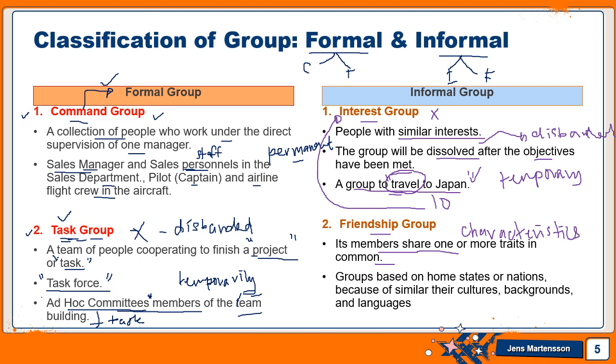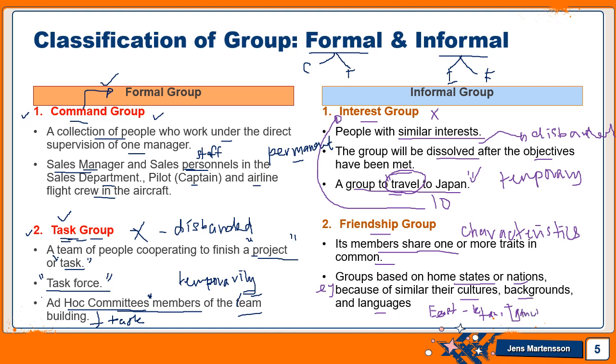Okay, so the example given here is groups based on home states or nations because of similarity in their culture, background and languages. So as you can see, when you go to IPTs, IPTA or IPTS, people who come from the East Coast, not East Malaysia, East Coast, such as Kelantan, Terengganu, normally they stick together.